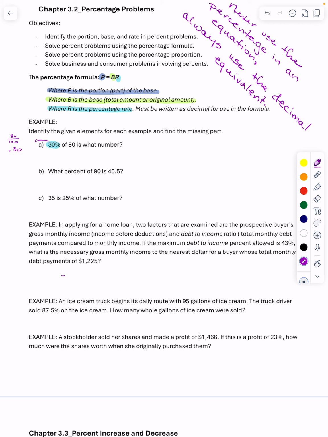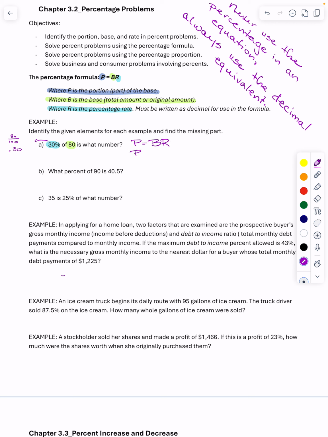Okay, the "of 80", 30% of 80. That means that the 80 is our base, it's our total. We want to know what part is 30% of 80. So when we write this, part equals the base times the rate.